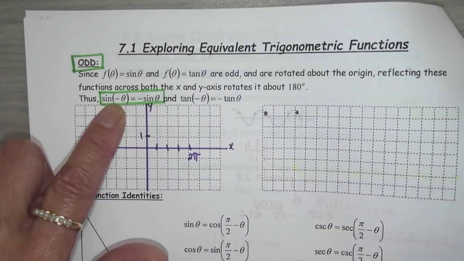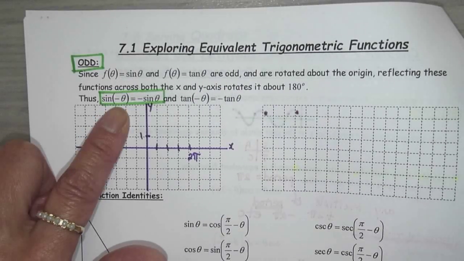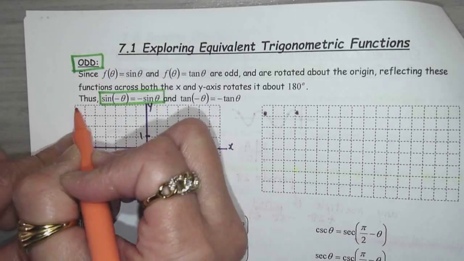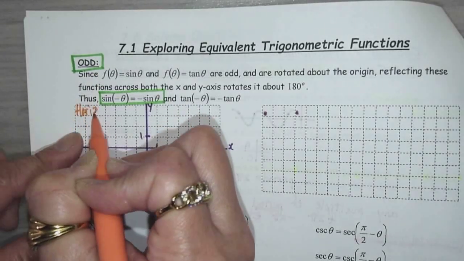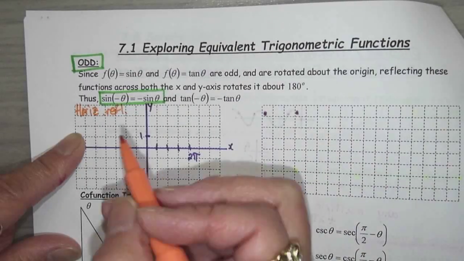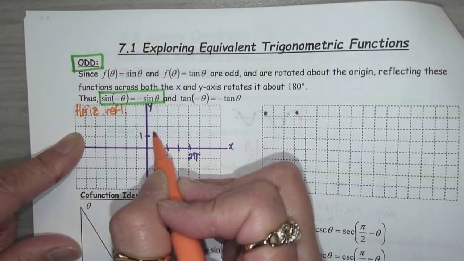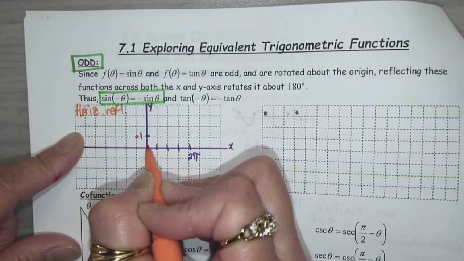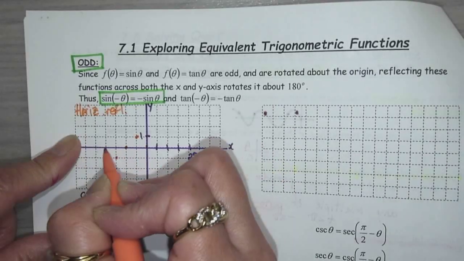So the first one I'm going to draw is I'm going to draw this one, which is sine with a negative in the theta, which means horizontal reflection. Is that okay? So horizontal reflection for this one, horizontal reflection. So I'm going to draw that one here. So normally it's this way, and I'm going to reflect it, and it's going to go backwards.